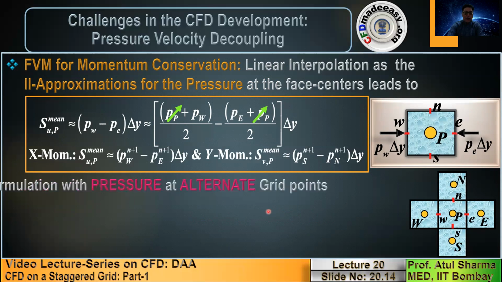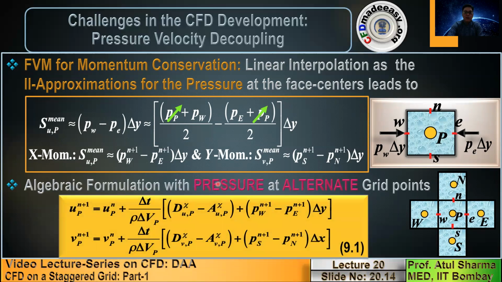So here you end up with an algebraic formulation with pressure at alternate grid points, which is used in x momentum conservation. In the previous lecture, I presented in detail that this is the algebraic formulation finally obtained from x momentum conservation. This is the algebraic formulation finally obtained from y momentum conservation.